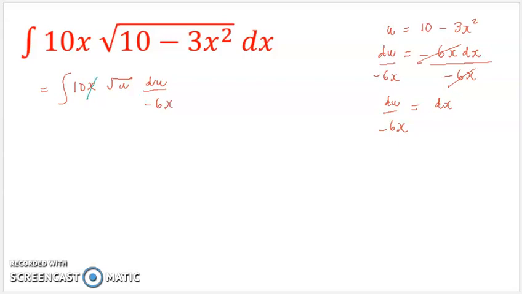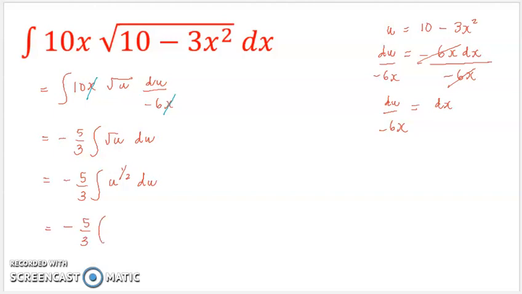As we can see, we can cancel the x here and bring the constant in front of the integral symbol. So negative 10/6, we can get its lowest term. That will be negative 5/3. Then we have square root of u du. Or we can have negative 5/3 integral u raised to 1/2 du. Then applying our rule for integrating u raised to 1/2, we just add 1 to the exponent and the new exponent becomes the denominator.